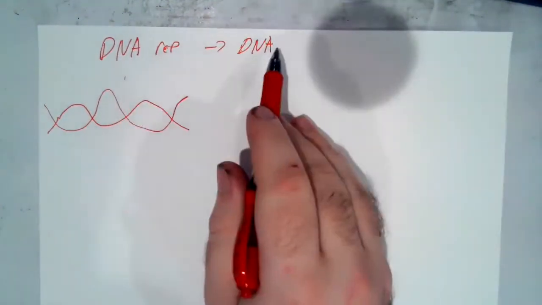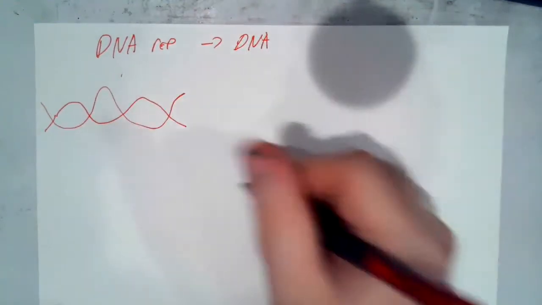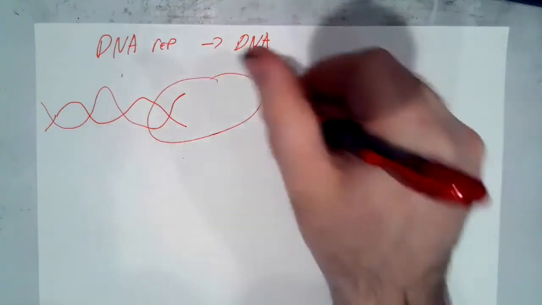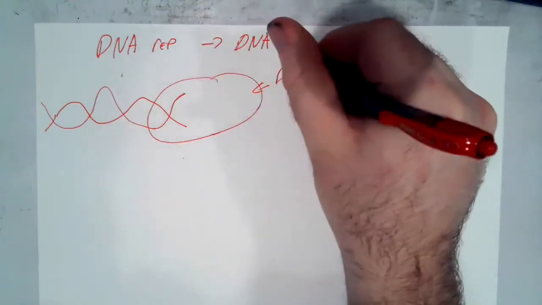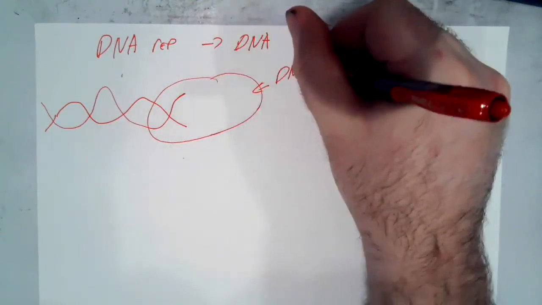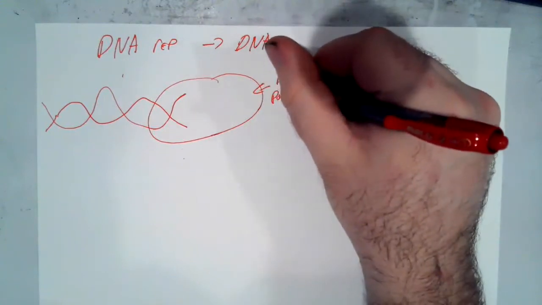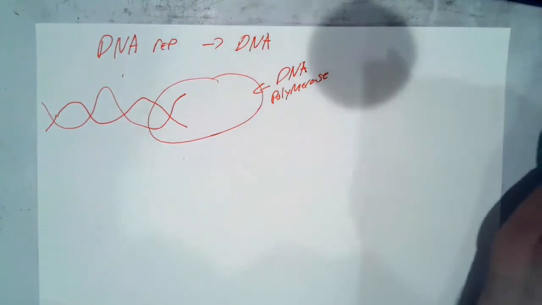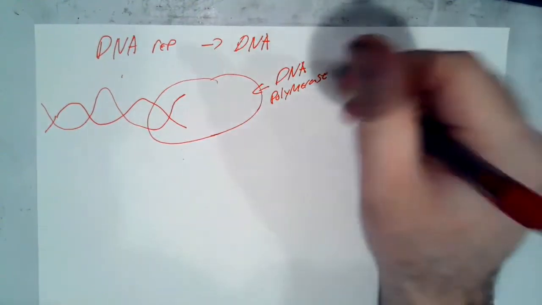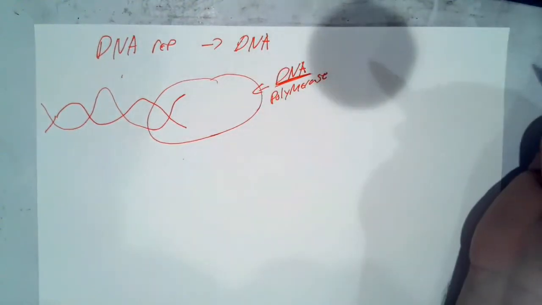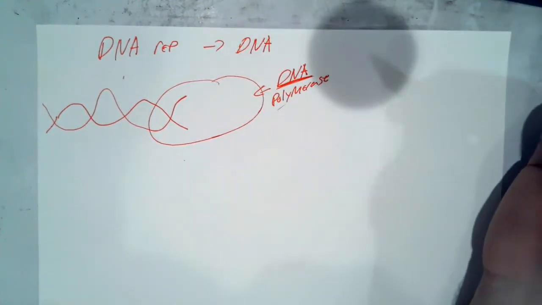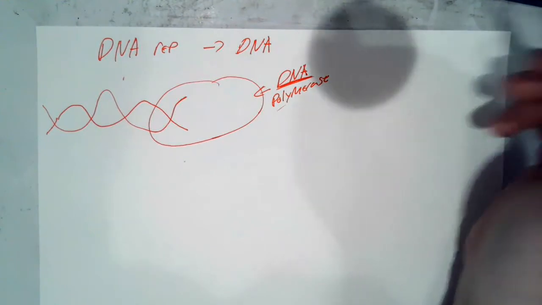Well, what do we need to do this? What enzyme is necessary? We need an enzyme called DNA polymerase. Because remember, in the lecture that I had recorded, DNA polymerase makes DNA, and RNA polymerase makes RNA. So we need DNA polymerase.